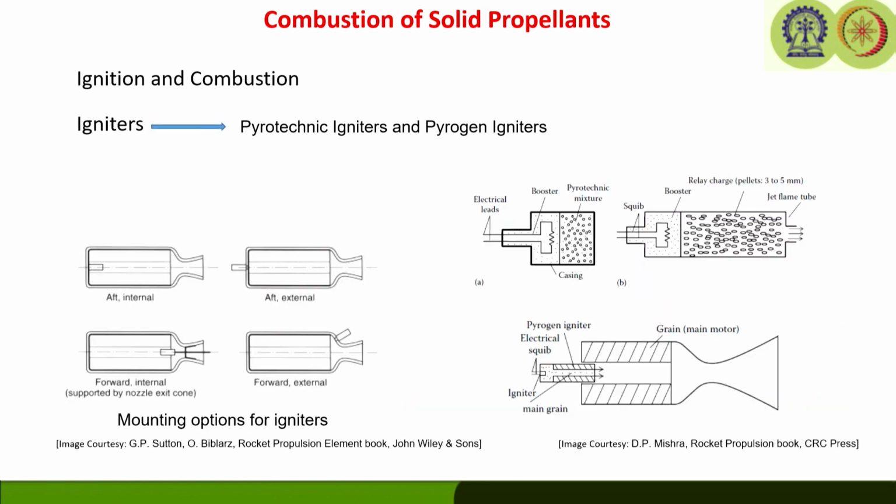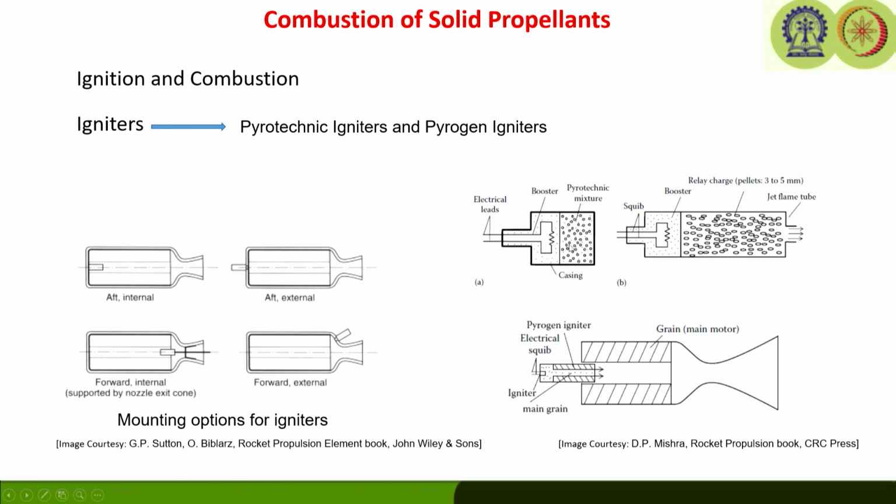Now, as I was mentioning about the different types of igniters, there are mainly 2 types: one is the pyrotechnic igniter, another is the pyrogen igniter. For a smaller rocket, pyrotechnic igniters are sufficient to provide the heat to ignite it. They basically have some pyrotechnic mixture, which is ignited by a hot coil or ignition coil supplied with electrical energy.